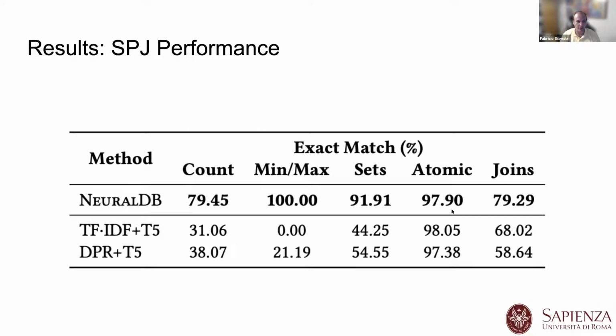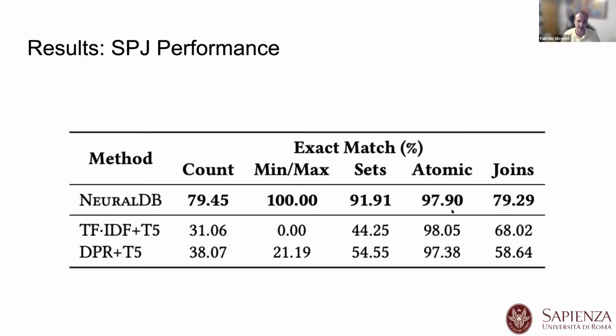If you use TF-IDF to retrieve facts, the first thing that should be highlighted is that for min-max queries, TF-IDF plus T5 has an accuracy of 0. And then dense retrieval, DPR, plus T5. Dense retrieval is basically embedding query and documents and retrieving based on the dot products between these queries and documents.